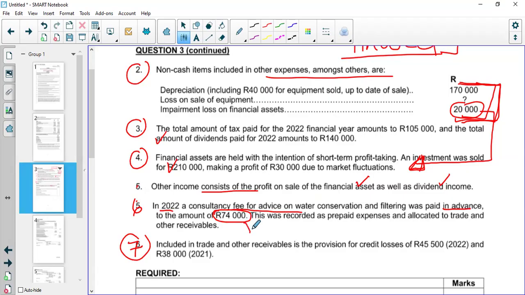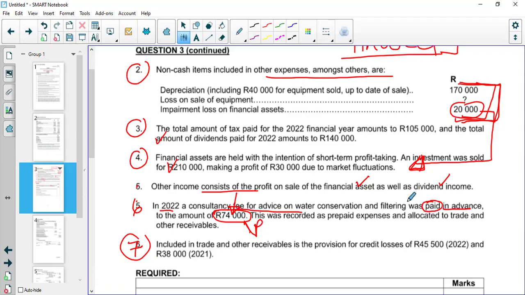So we will need this in the payments, because when we deal with the cash flow statement, we focus on the actual payments made, not on the accounting adjustments. So this will not be included in expenses, but it has to be, because it was paid.